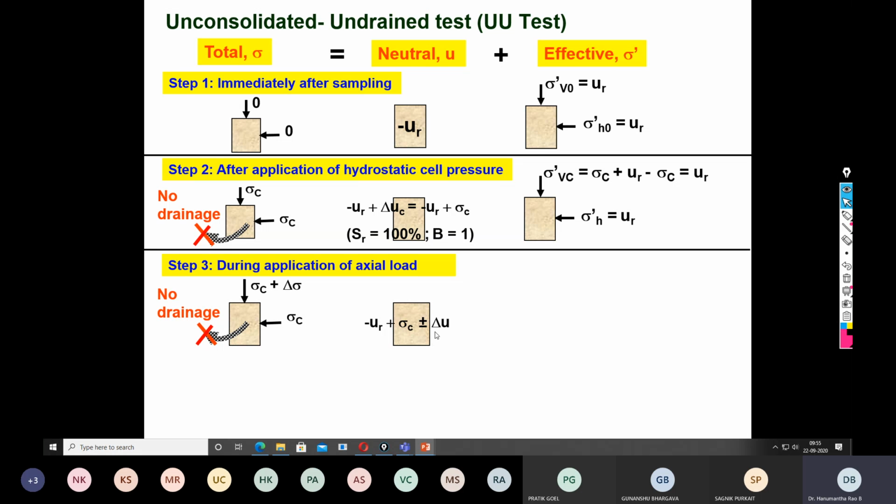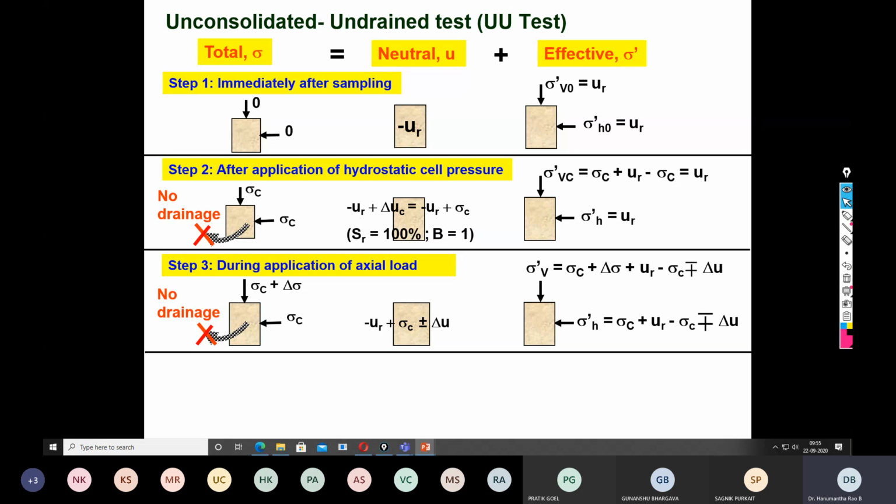Therefore the final delta u is because of delta sigma. So this is the final condition. Sigma h dash is nothing but sigma c plus u r minus sigma c, plus or minus delta u.